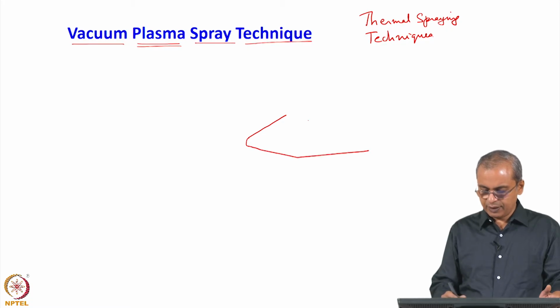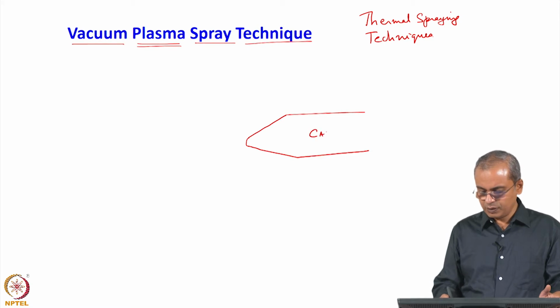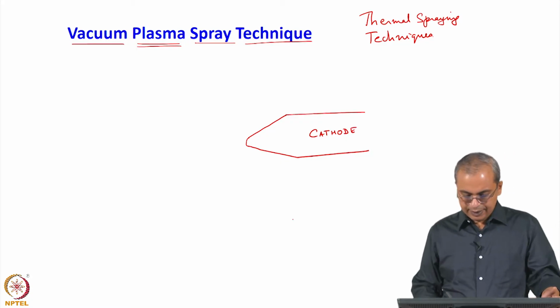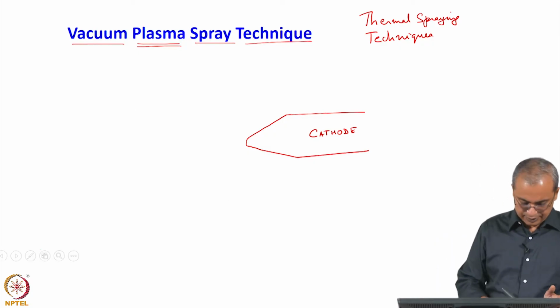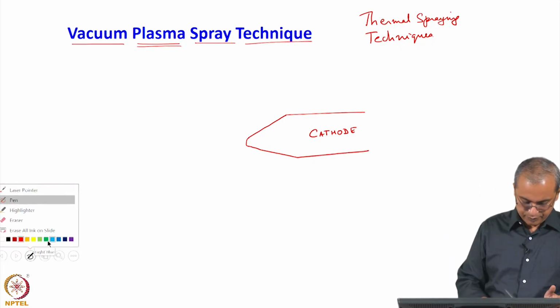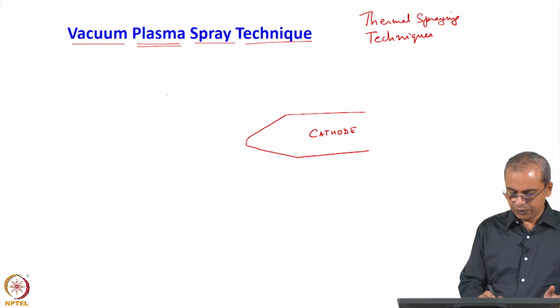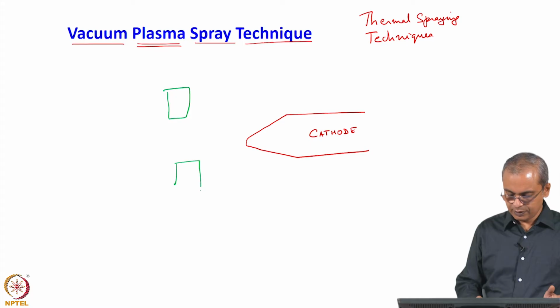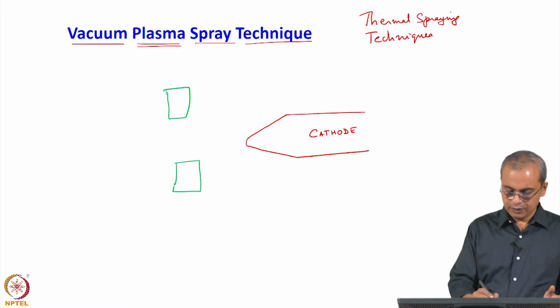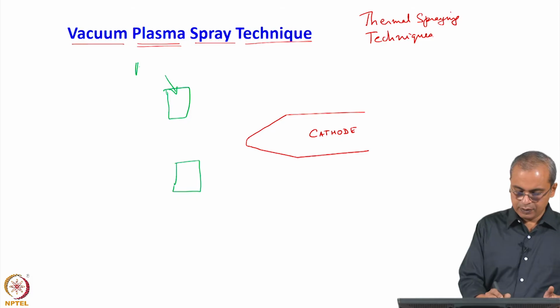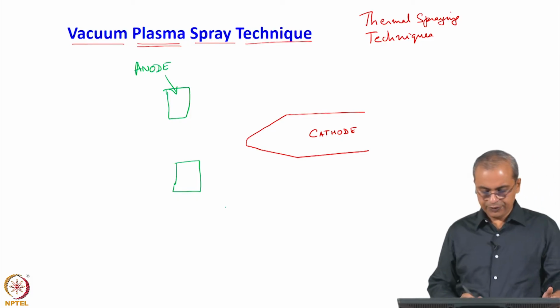You have a system here which is the cathode, and there is another electrode which is the anode. There is an opening in the middle which you can see here.